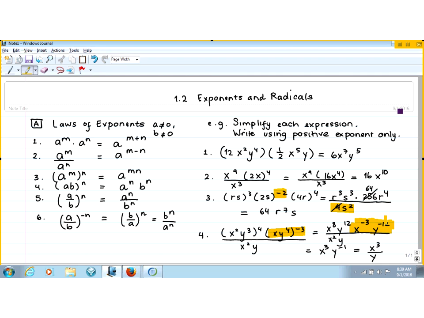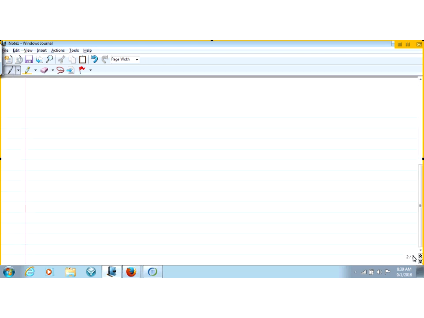So next is scientific notation. So B, scientific notation. Ready? Okay. So B, scientific notation. All right.